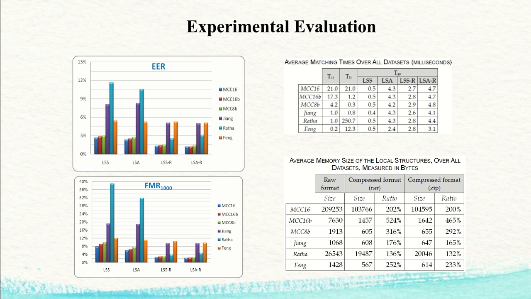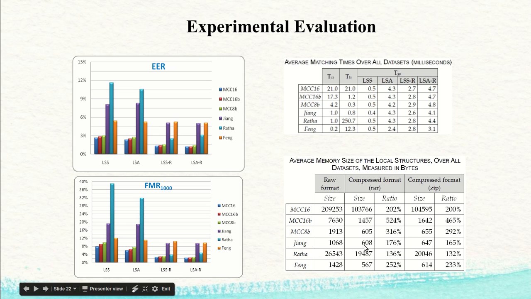Now again, the average memory size of the local structure. If you see, generally MCC has a higher memory size than Jiang, Ratha and Feng, but MCC 8B is comparable with Jiang, Ratha and Feng.